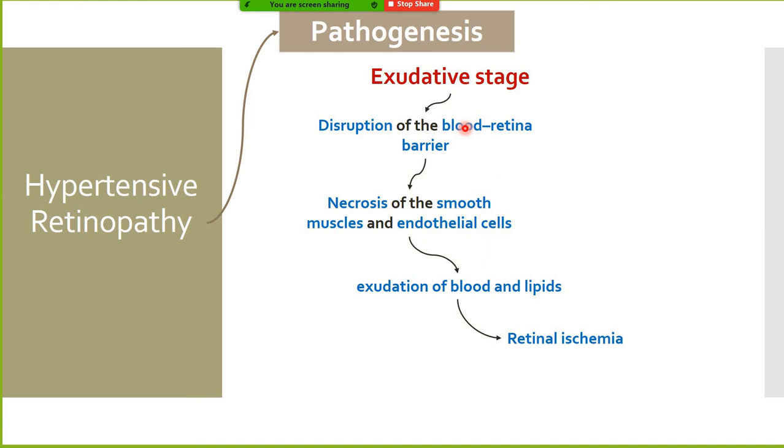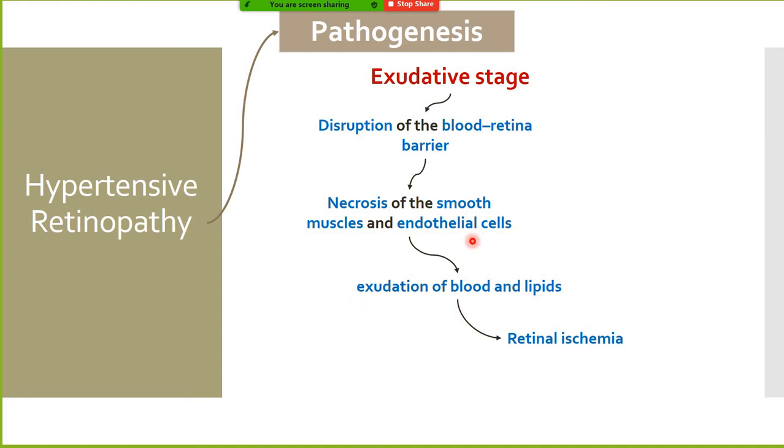The exudative stage is when the blood retinal barrier is disrupted. When the blood retinal barrier is disrupted, there will be necrosis. Necrosis is death of cells or loss of cells.